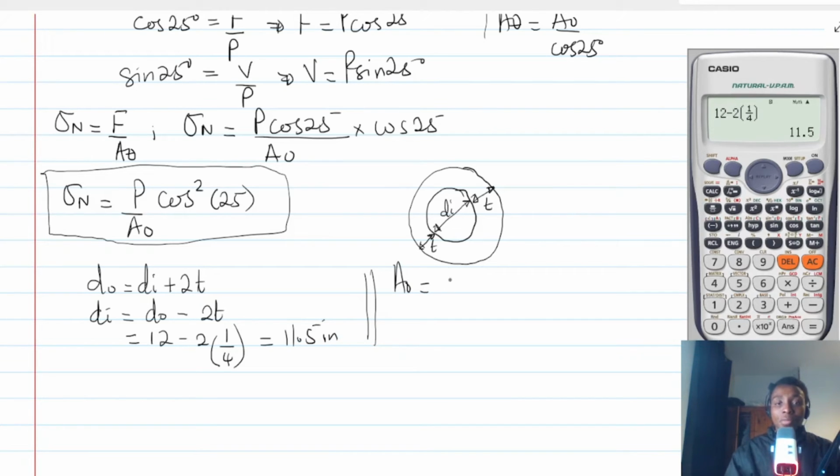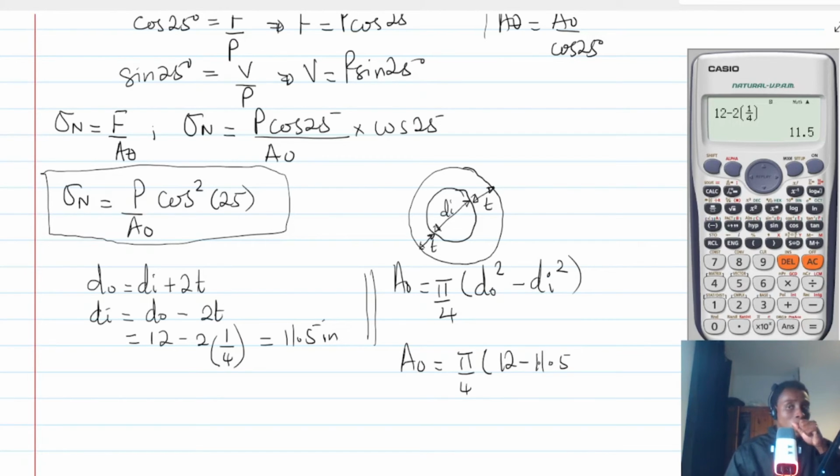Therefore, we can say that our area will be pi over 4 into d naught squared minus di squared, and this is given by pi over 4 into our outer, which is 12, minus our inner, which is 11.5. Sorry. So we have 12 squared minus 11.5 squared.